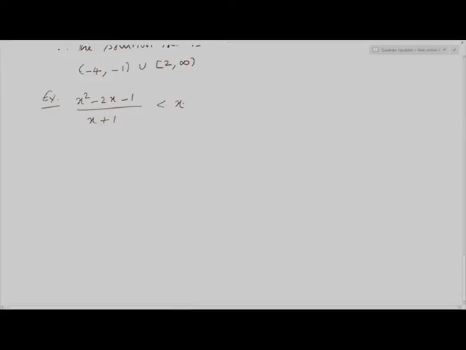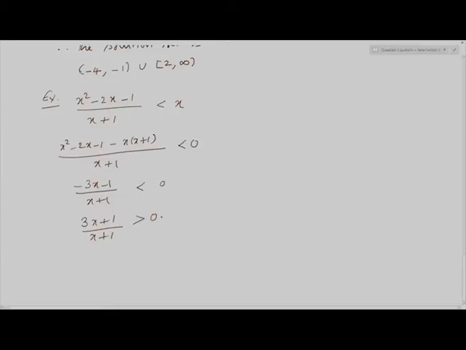As I said, we should not cross multiply; we should immediately take the x term to the left side so that the right hand side is 0. The inequality becomes x square minus 2x minus 1 minus x times x plus 1, divided by x plus 1, less than 0, which gives minus 3x minus 1 divided by x plus 1 less than 0. Multiplying by a negative sign on both sides reverses the inequality, so 3x plus 1 divided by x plus 1 is greater than 0.